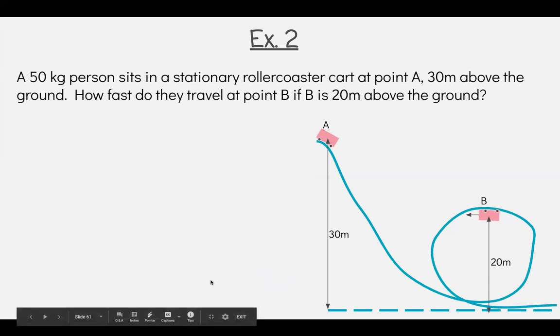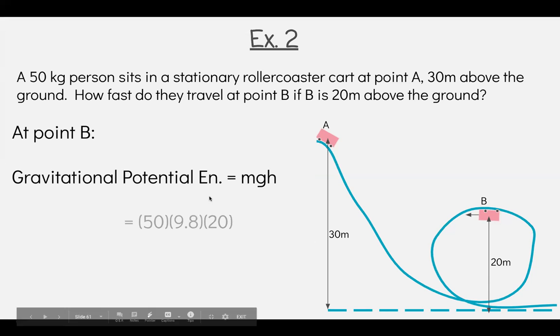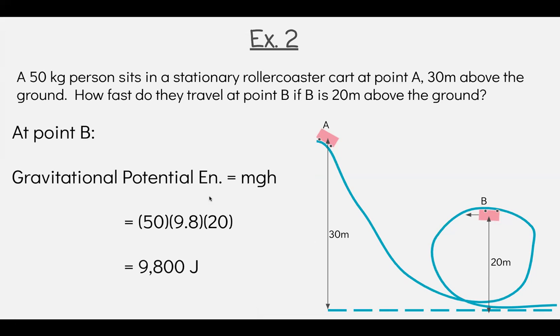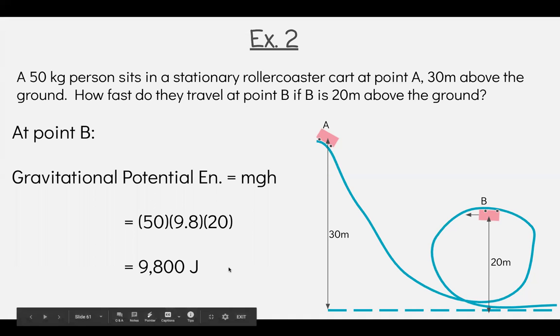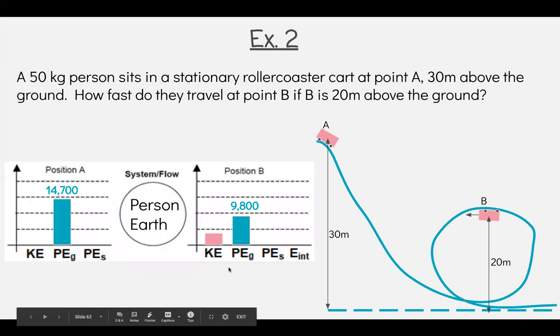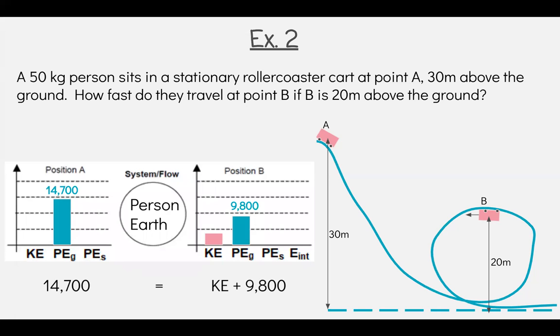Okay, so at B, gravitational potential energy is like 9,800 joules. I took the mass times 20 meters in the 9.8 gravitational field, and I could use that to solve backward for kinetic. Okay, but once I know the kinetic energy, I can move on.